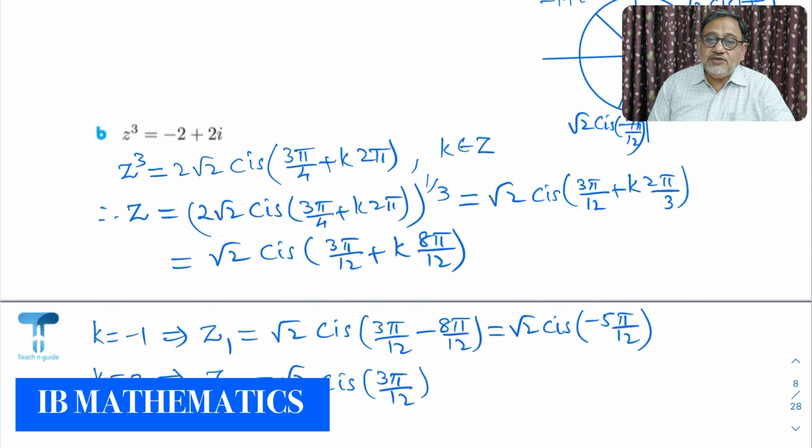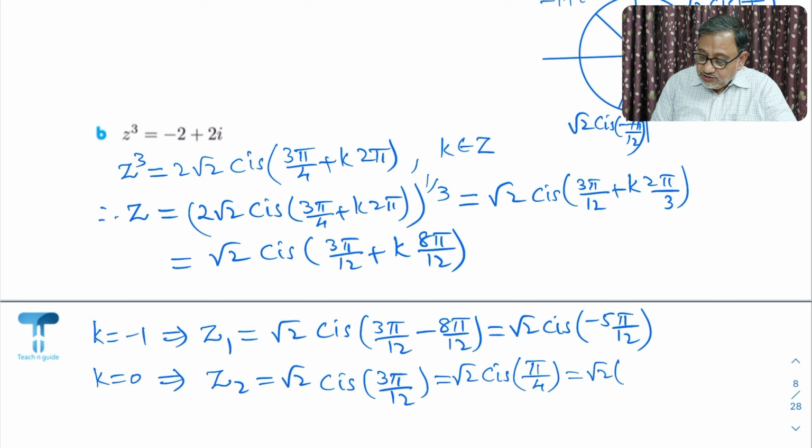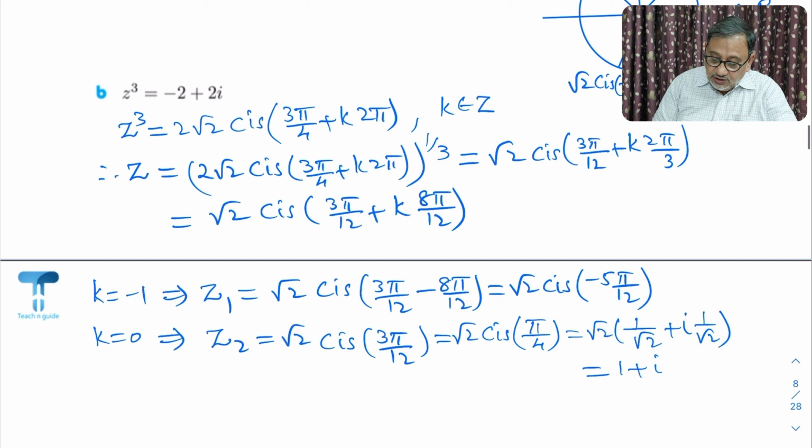Okay, when I put 0, 3 pi by 12 will be pi by 4, right? We can divide by 3, so pi by 4, and pi by 4 is 1 by root 2 plus I 1 by root 2. So both the root 2 will cancel, so 1 plus I, okay, second root.